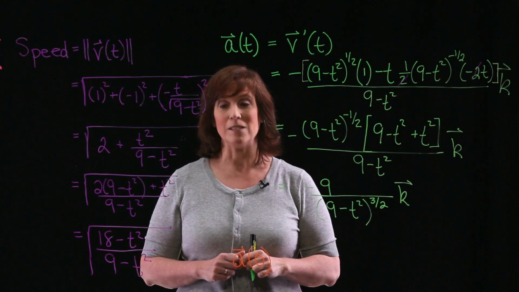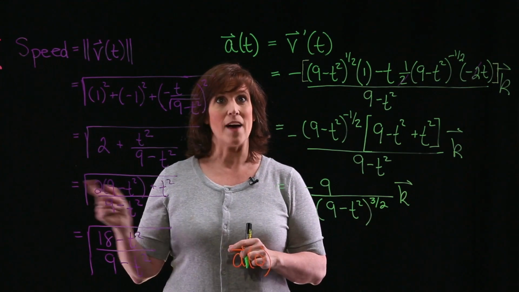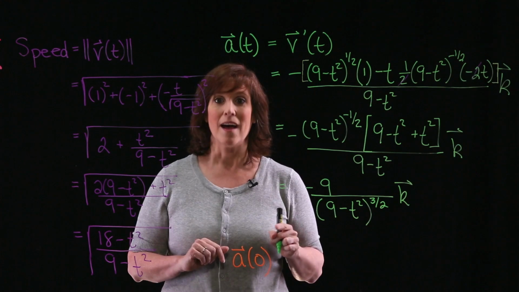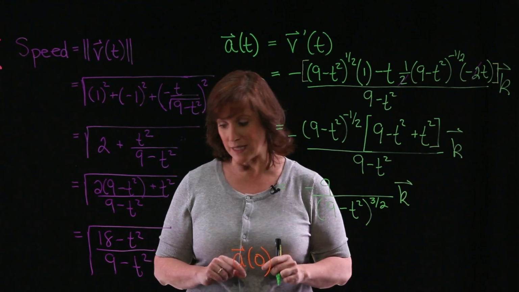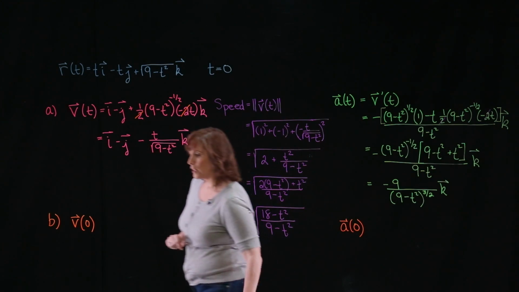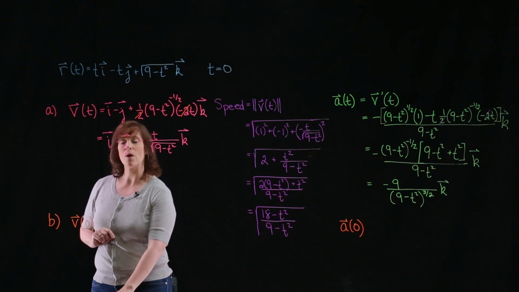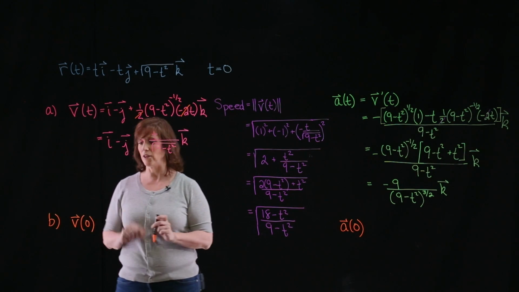The next thing I want to do is find out what the velocity vector and acceleration vectors are when the parameter t equals 0. So I'll go back here and just plug 0 in for all the t values in my velocity function.